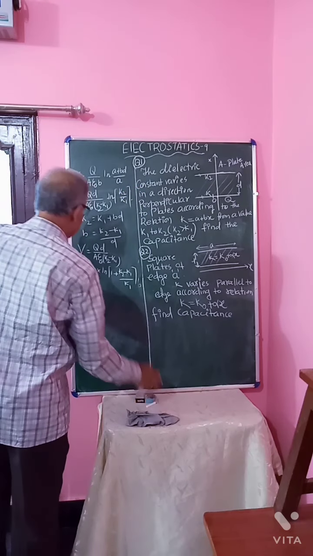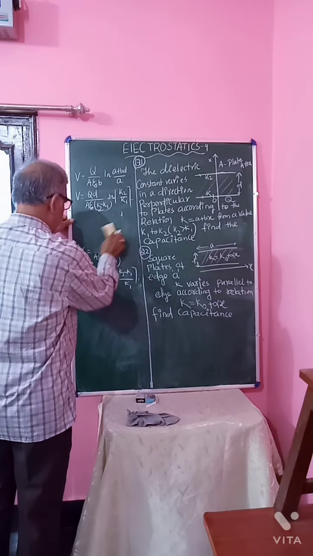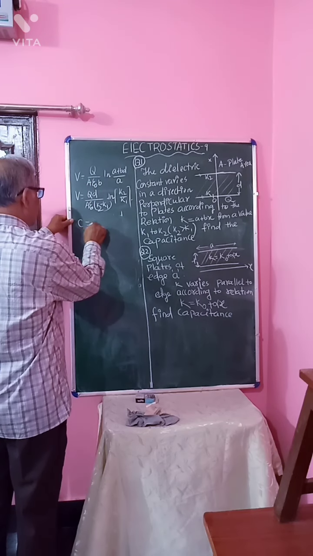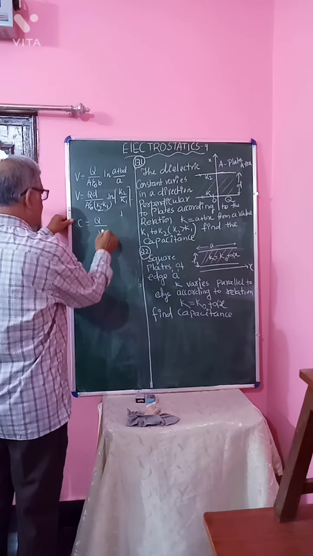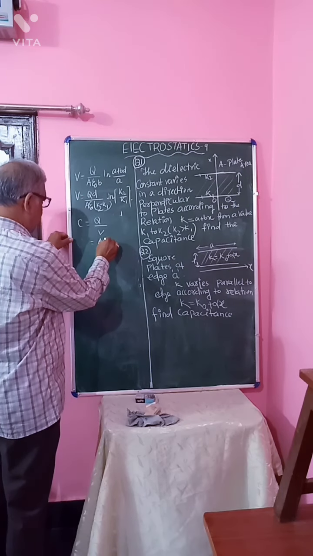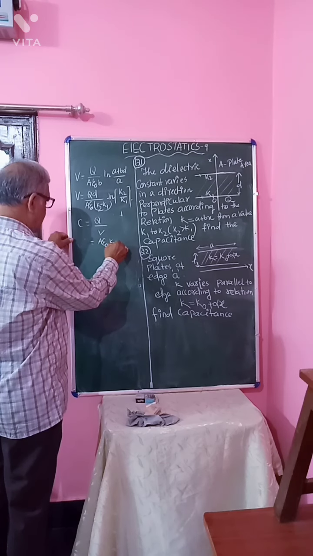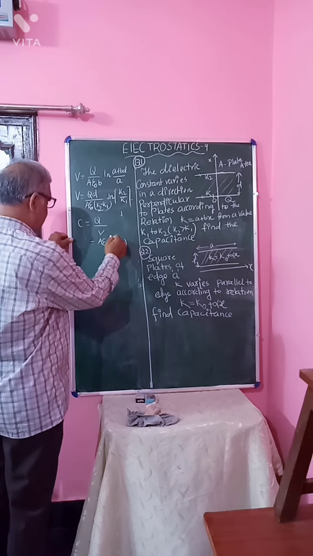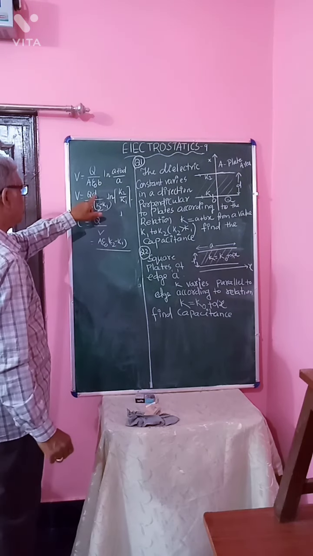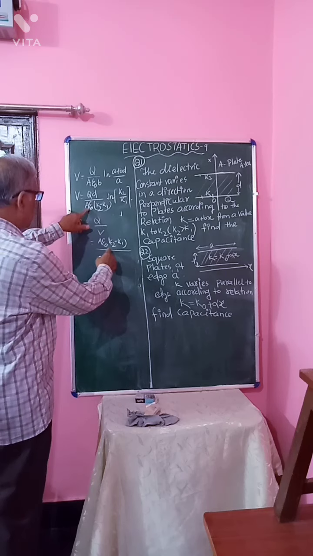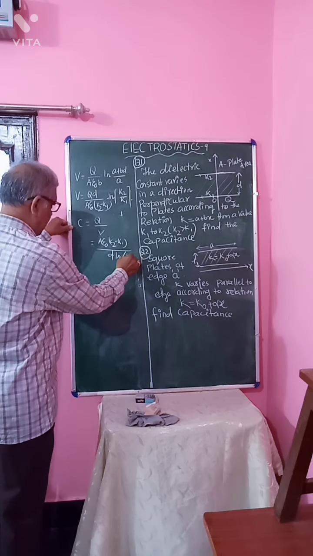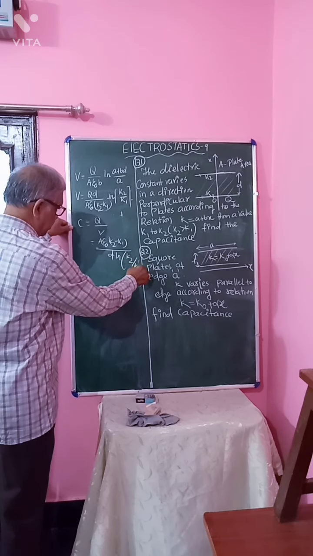So the capacitance C equal to Q by V, that is A epsilon 0 into K2 minus K1 by D ln of K2 by K1.